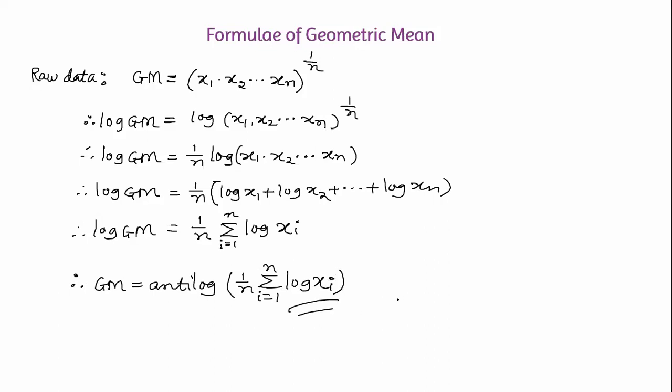Okay, so this is the formula in case of raw data, but we'll be moving one step ahead and we'll try to understand the formula in case of group data. We know that in case of raw data, we have observations only as x1, x2 until xn.